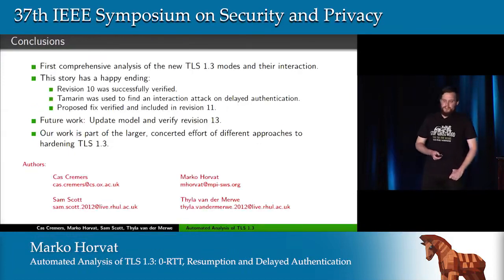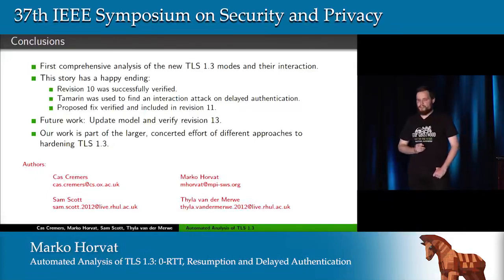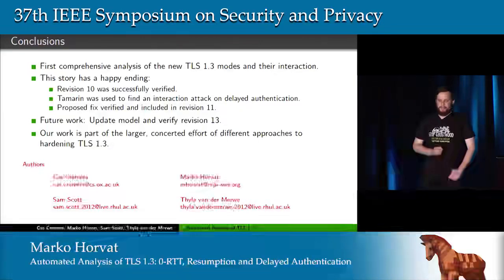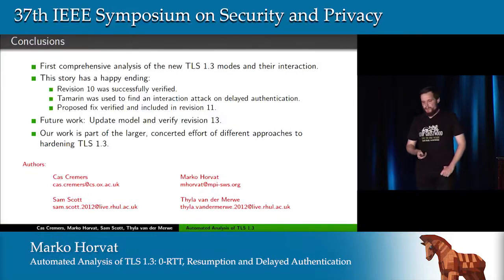To sum up, this was the first and, to the best of our knowledge, only comprehensive analysis of the new TLS 1.3 modes and their interactions. And this story actually has a happy ending, because we managed to successfully verify revision 10 by using Tamarin. And we also used Tamarin to find an interaction attack on the delayed client authentication mechanism.